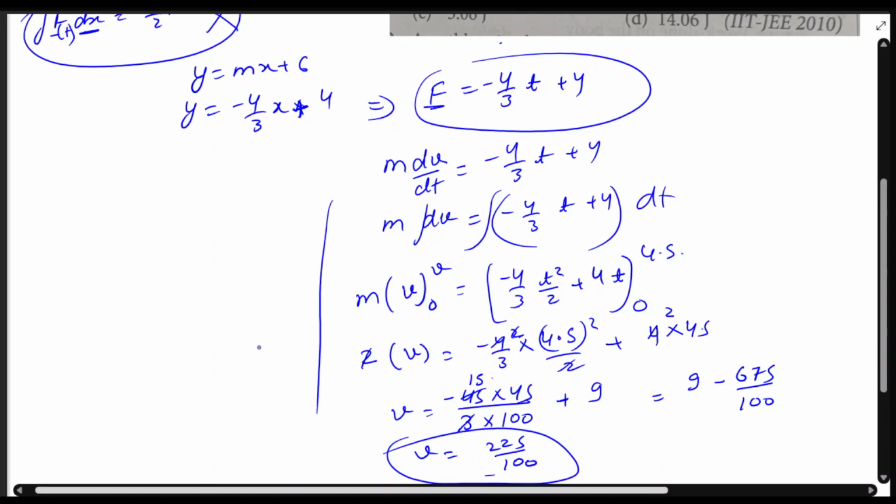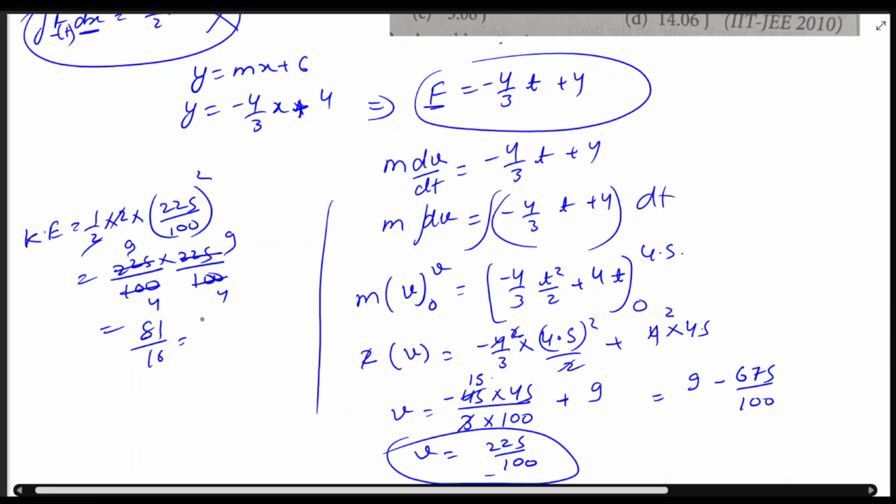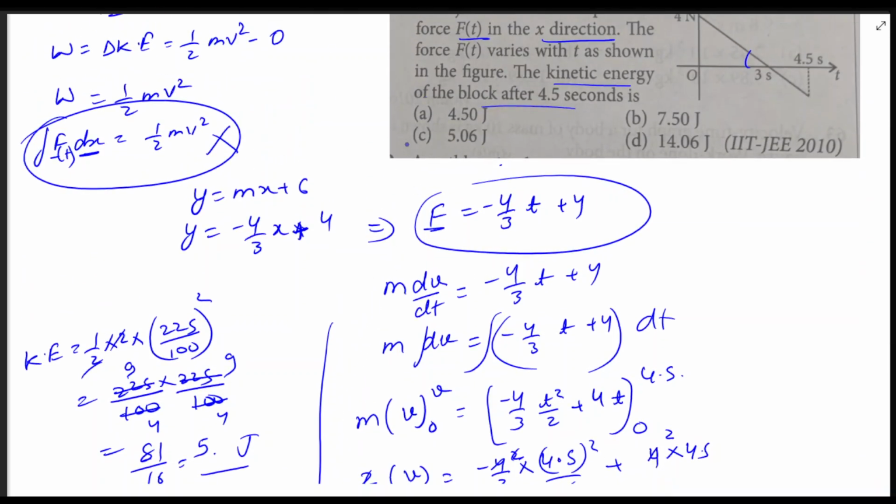Okay, now I have to find the kinetic energy. It will be simply half m into v square, so it will be 225 divided by 100, square, right? It will get cancelled. We will have 225 into 225 divided by 100 divided by 100, right? So it will be 9 by 4. So this will be 9 by 4 squared, so 81 by 16. Now 16 times 5 is 80, so it will be 5 point something joule. So which option will it be? So C is the correct one, right?